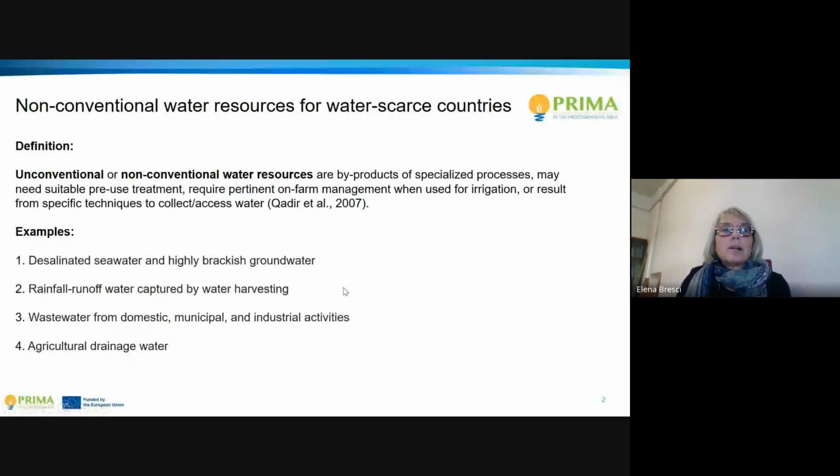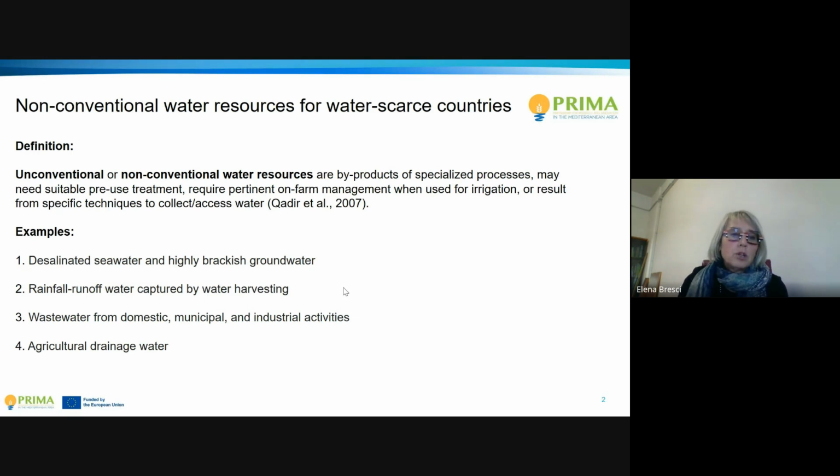So first of all, since the masterclass is on non-conventional water, we will give you a definition of what we mean, because you can find a lot of definitions, but the one that we adopted is the following. Unconventional or non-conventional water resources are defined as those coming as by-products of particular processes, may need suitable pre-use treatment and require on-farm management activities peculiar for that quality of the water when they are used for irrigation, or are the water that can result from specific techniques to collect water.